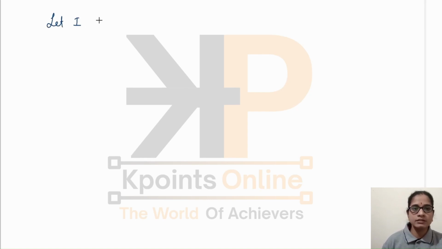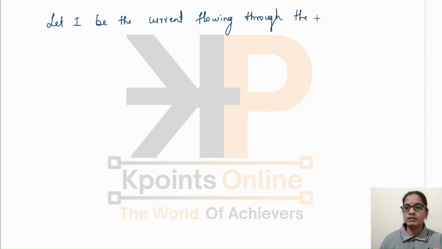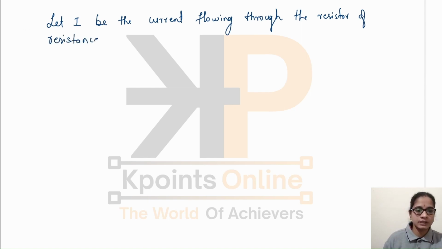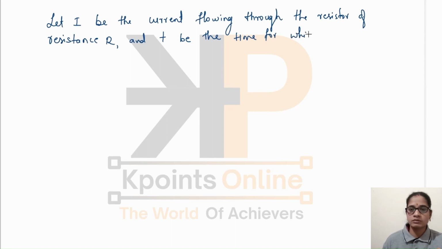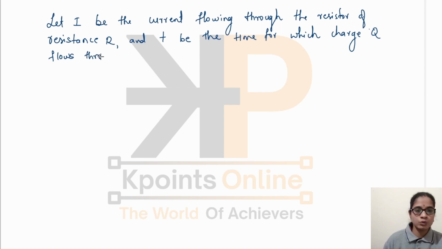Let I be the current flowing through the resistor of resistance R, and T be the time for which charge Q flows through it.